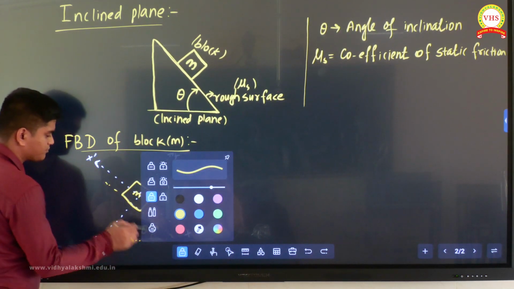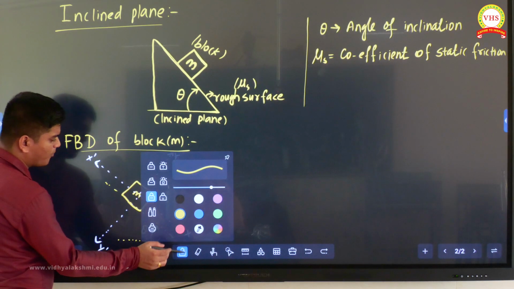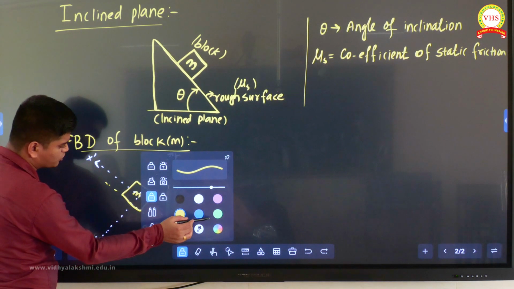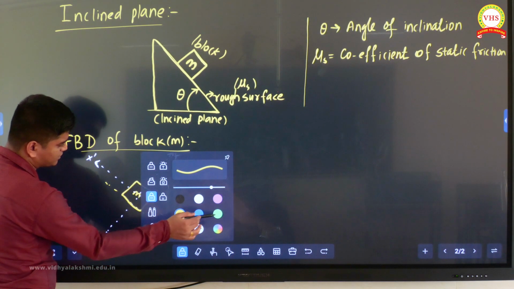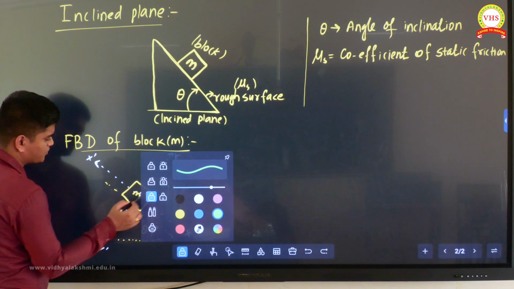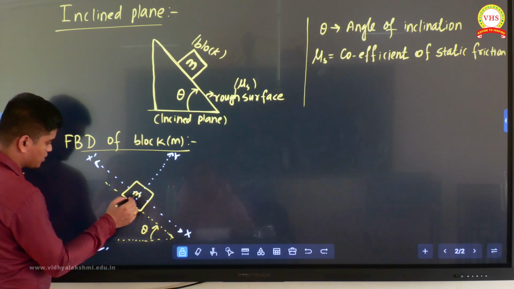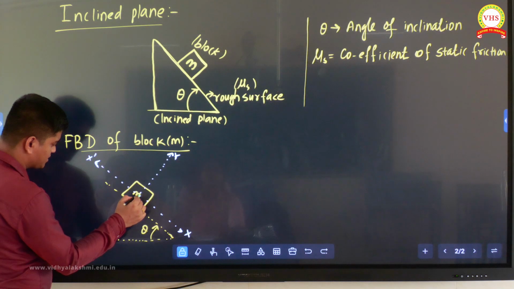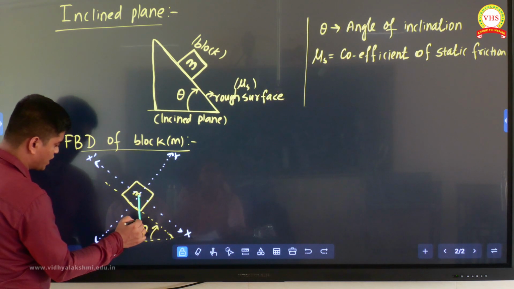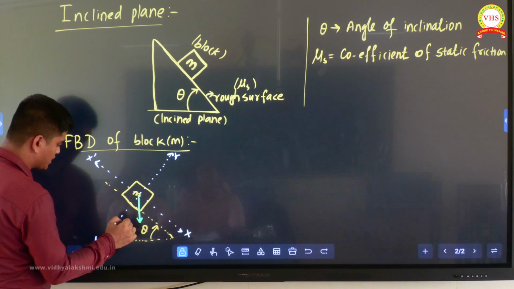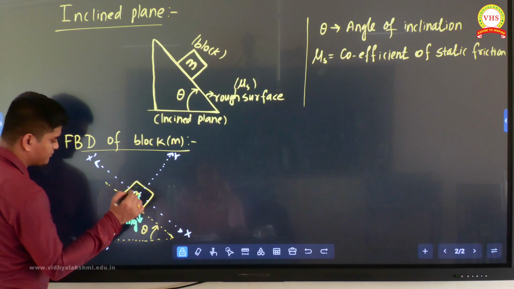Now, after drawing the x axis and y axis, take the components of whatever forces act on it. First, vertically downward, which force will act? Gravitational force, so mg.